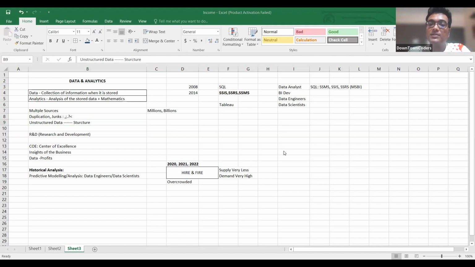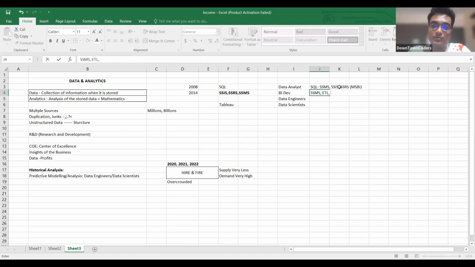Now, what business intelligence developers do is nothing different compared to a data analyst, but the applications have changed. The application they would be working with is SSMS. There will be some ETL tools involved. SSIS has also been replaced with multiple tools like Alteryx, Informatica, all those kinds of things. And since they are BI developers, they have to represent their analysis through a dashboard.